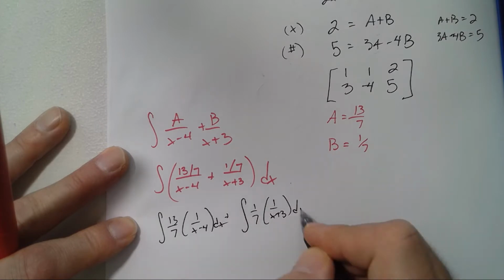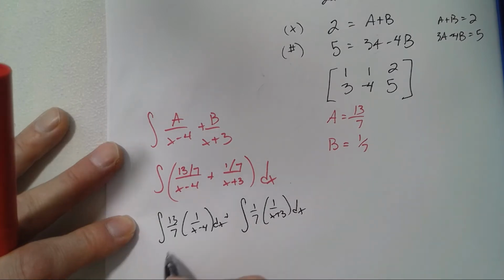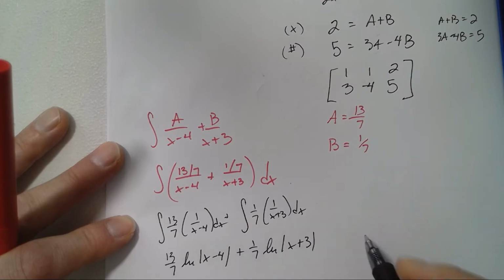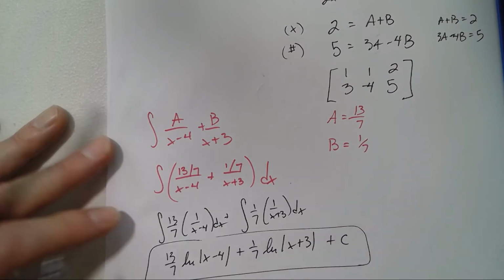So this can go up front, so it's 13/7 natural log absolute value of x minus 4 plus 1/7 natural log absolute value of x plus 3 plus C. One problem done.